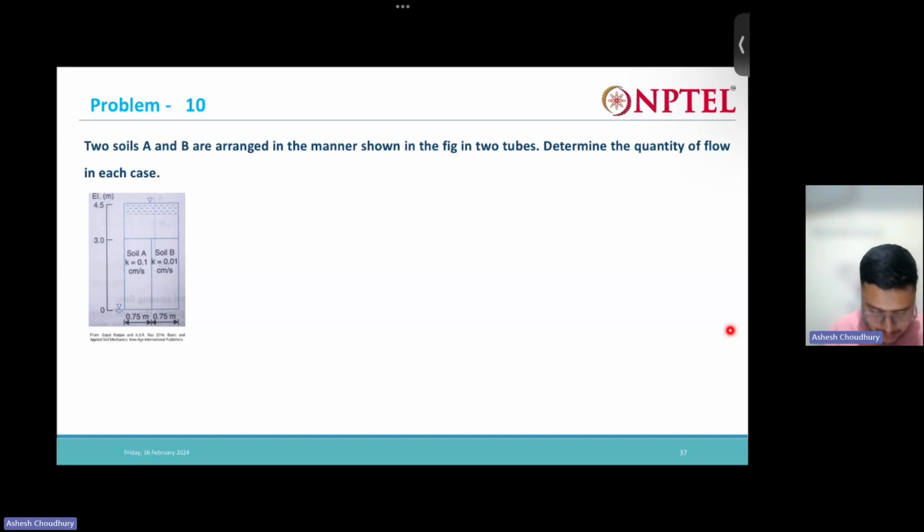Here, let us see how we can actually do it. If you see, this is quite similar to the horizontal flow case. So similarly, we can use the formula for the relation that we already derived.